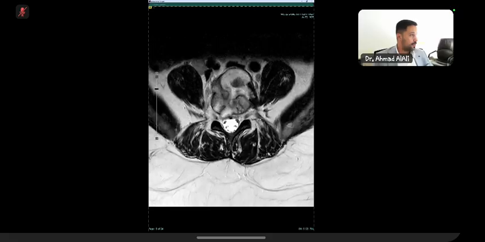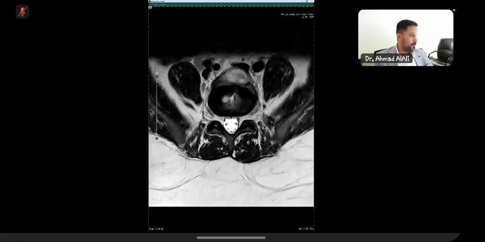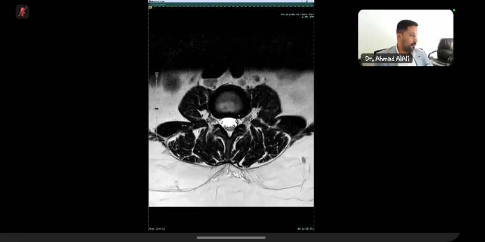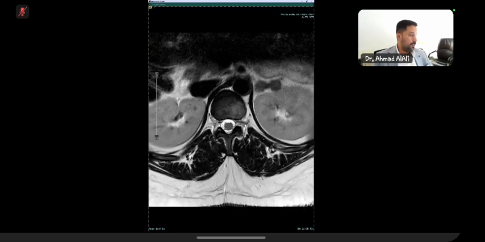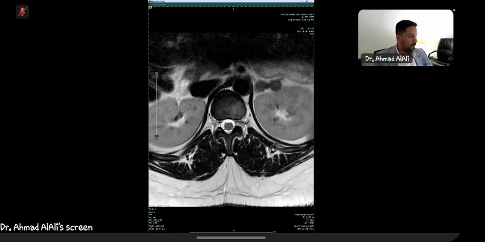This is the highest available axial image, at the level of the kidneys. This is L1 or T12, let's say.